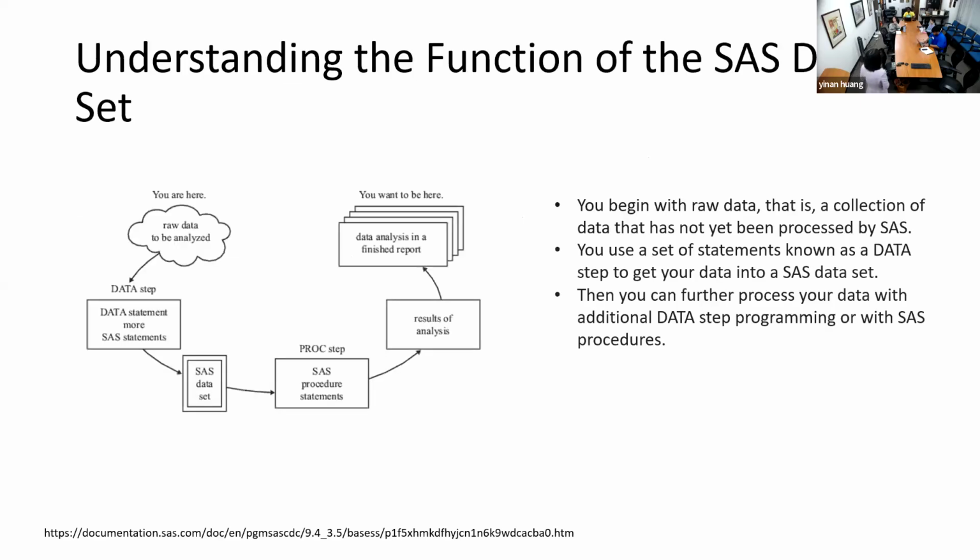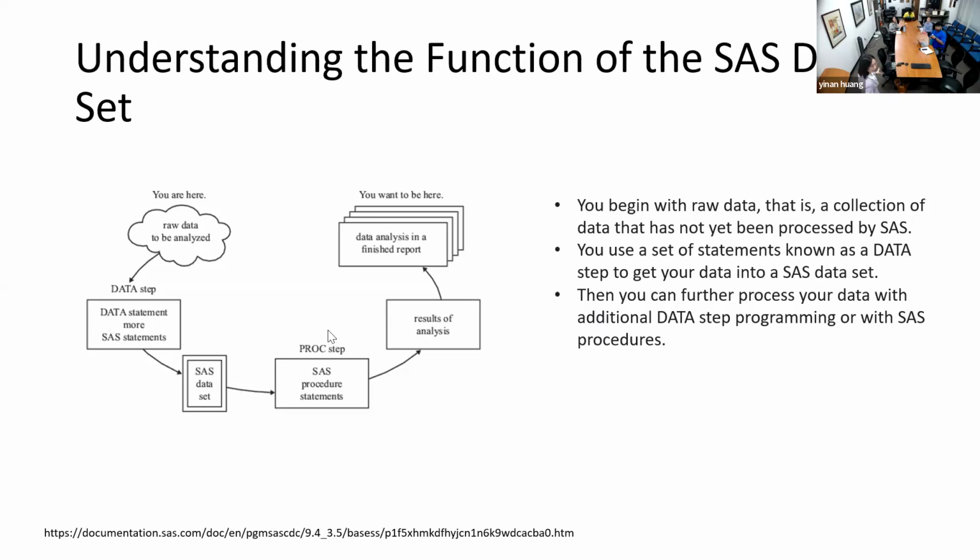And I like this picture very much. It helps you to visually see the function of the data steps and the proc steps. So basically, you have raw data to access, either a SAS 7BDAT file, an Excel file or an SPSS file, and then you need to use the data step so that it can be in the SAS 7BDAT format that SAS can read.